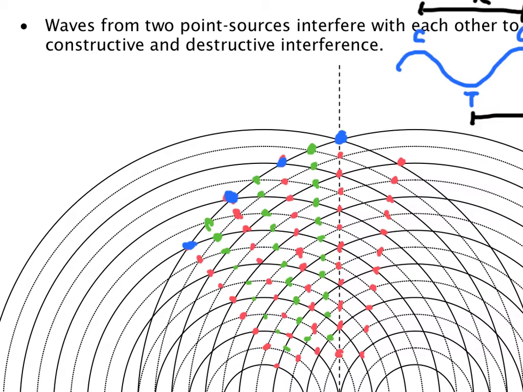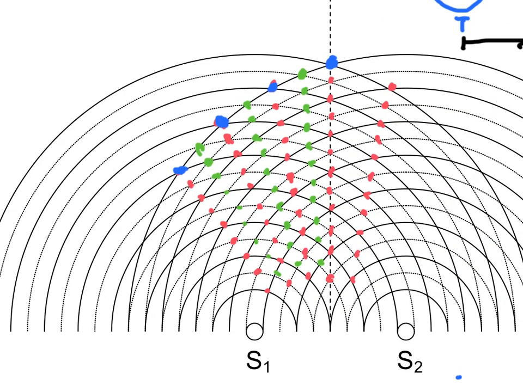So what's happening in this case is that if we do another analysis of how far the waves travel from source 1 and source 2, they can't be 1 full wavelength apart. Now they must be half a wavelength apart. Just to confirm, let's take a look at how far the wave travels from source number 1.